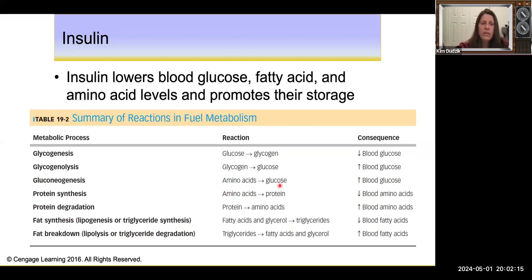The increase in glucose levels will directly act on the beta cells, causing those to secrete insulin. The way it does it, I'm not requiring you to know, but it's interesting to note that the presence of glucose at the beta cells causes, in a series of events, a change in the membrane potential, which then causes the beta cells to release insulin.